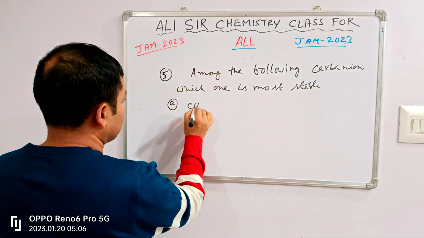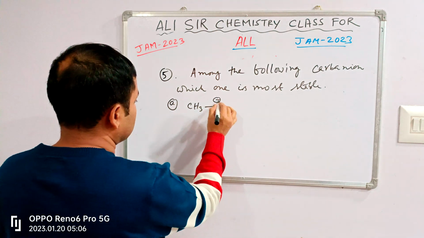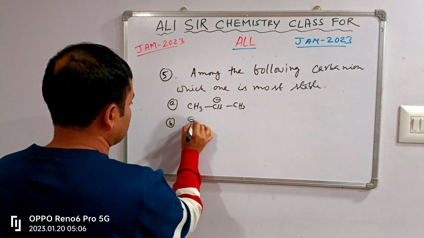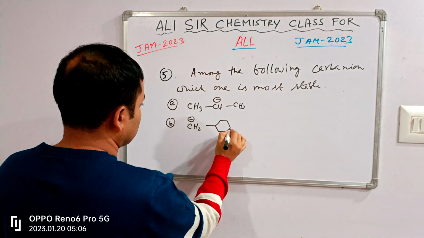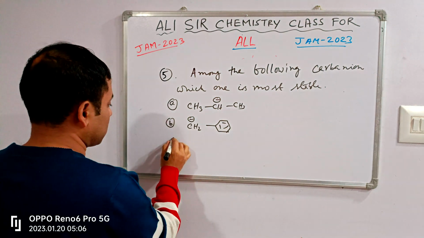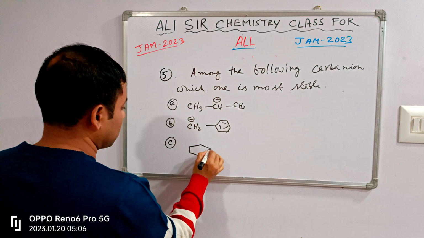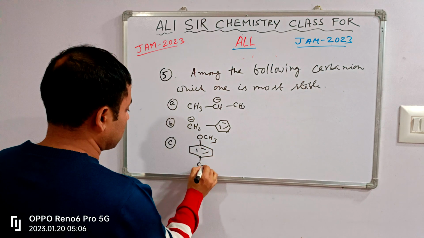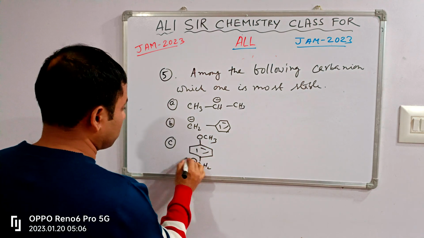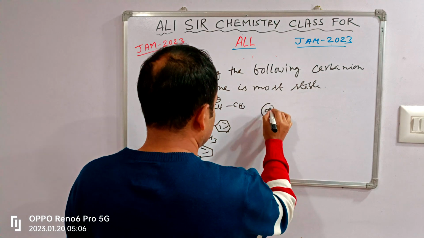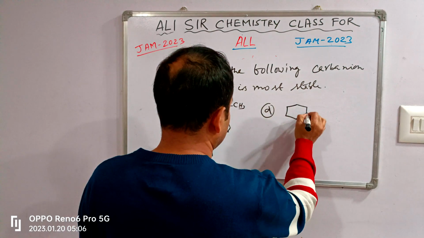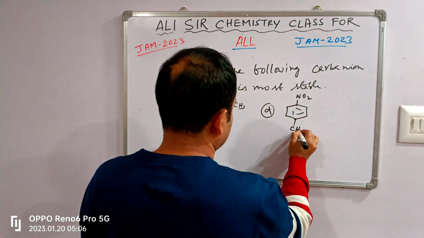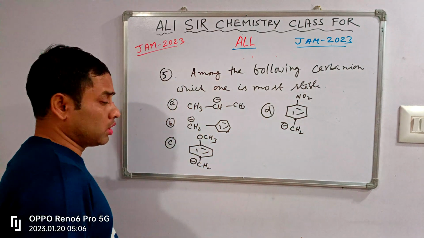A, CH3CH minus. B, CH3 CH2 minus with Ph. C, OCH3 CH2 minus. And D, NO2 CH2 minus. So this is a very simple question.